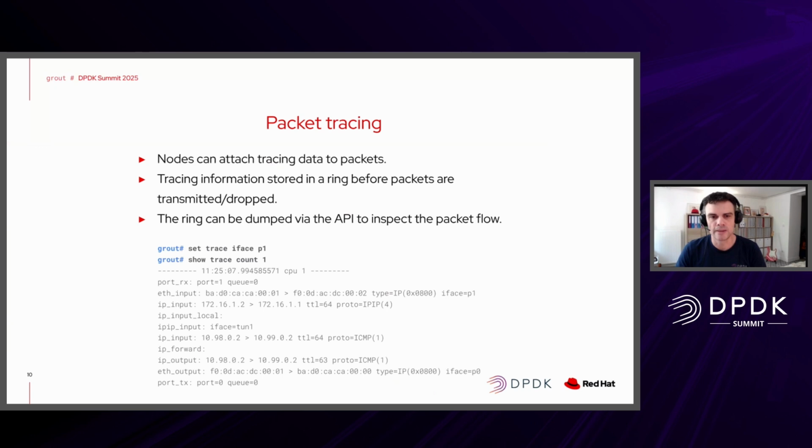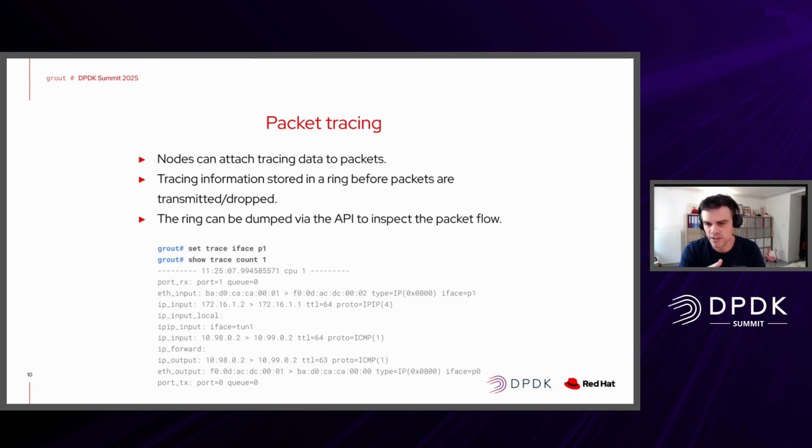So yeah, this is one new feature. It can be handy when you're trying to debug where the packet is being dropped and why. Every node has a way to attach tracing data. It's basically just a byte buffer that you can pass, and it's stored per mbuf.